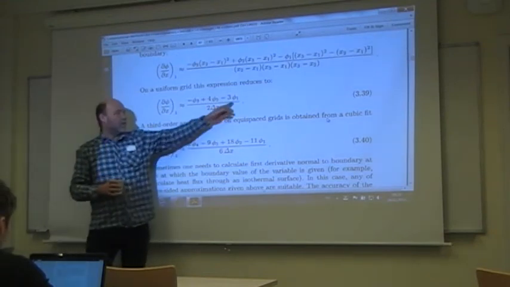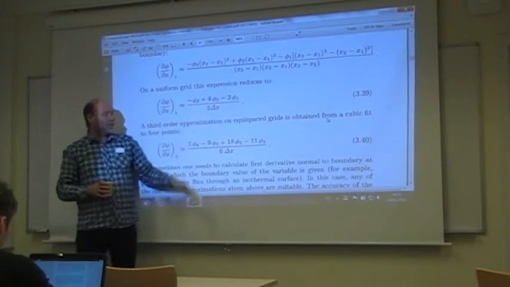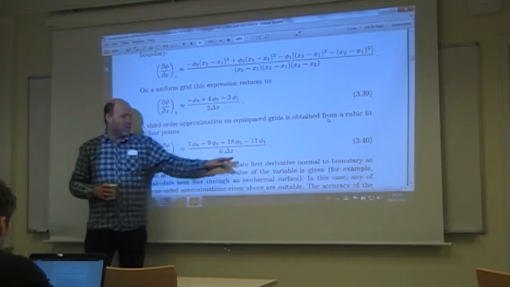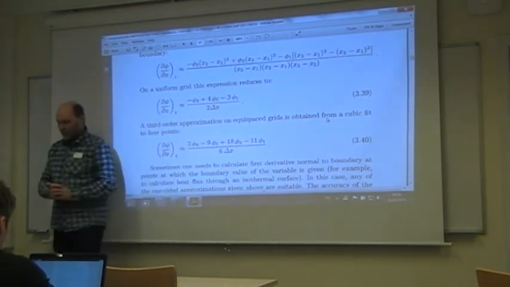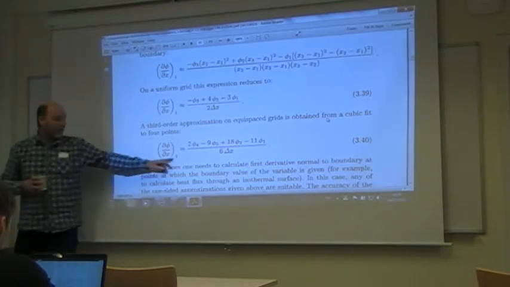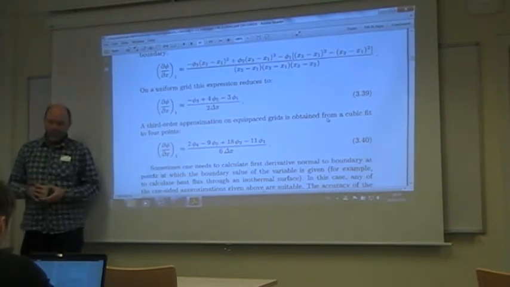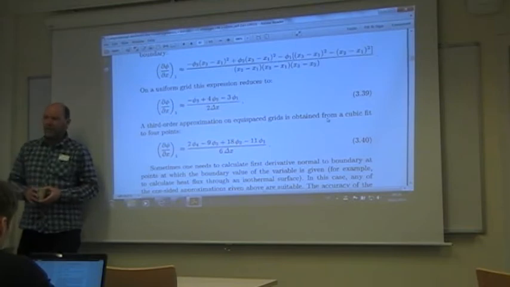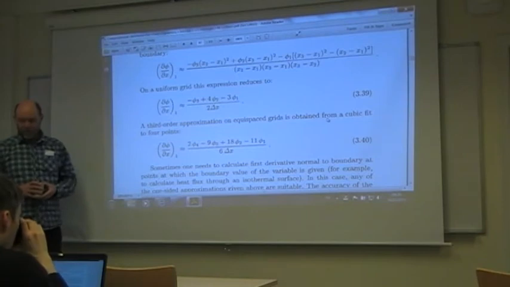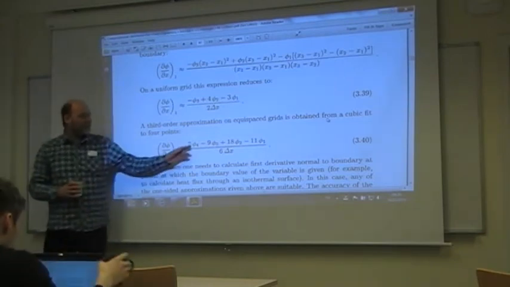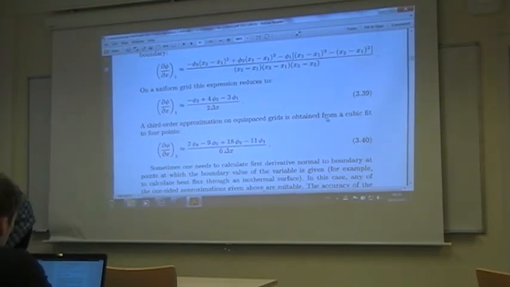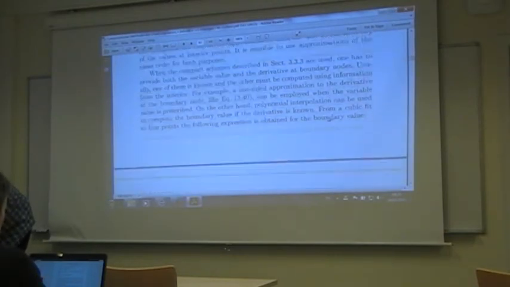You have to use then 1, 2, 3 points inside, or even here up to 4 points from the boundary value itself to get a derivative at point 1 here, where the first unknown is set. So that can be quite difficult if you want high accuracy on the boundaries. You have to use a lot of points inside your domain. Of course, a matter of bookkeeping, but it can be a little bit messy.